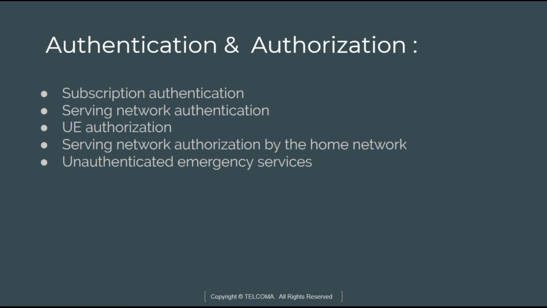Then serving network authentication means the UE shall authenticate the serving network identifier through key identification. UE authorization is also based on SUPI. Serving network authorization by the home network: assurance shall be provided to the UE that it is connected to a serving network that is authorized.